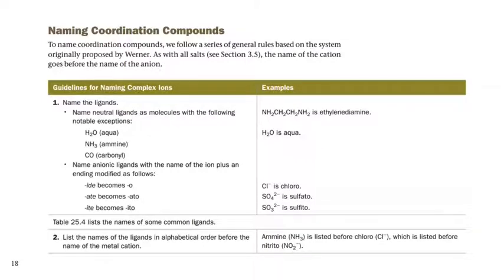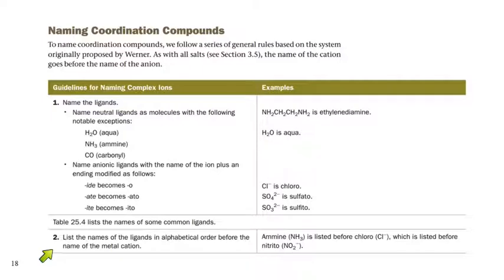If it's sulfate, it becomes sulfato, sulfito for sulfite. They sound a little ridiculous, but we're changing the endings so they have O's on them. It's like making adjectives out of words that were originally other parts of speech. And we'll see in table 25.4, there are other names of common ligands.